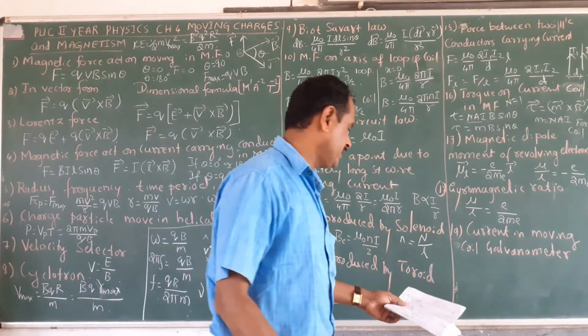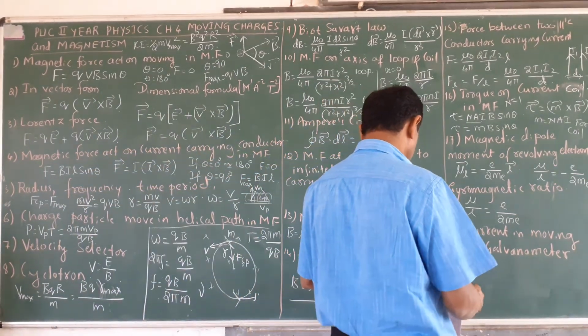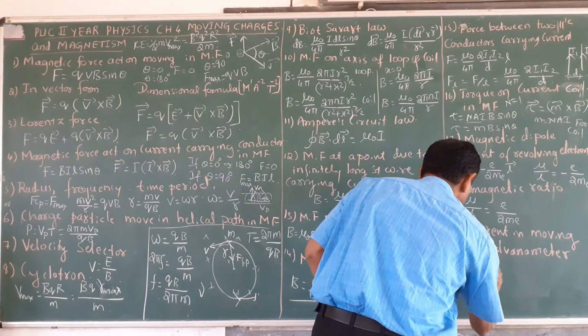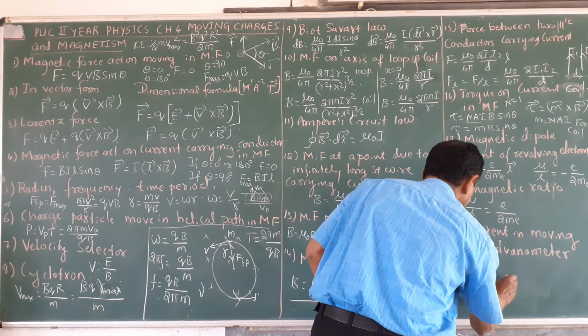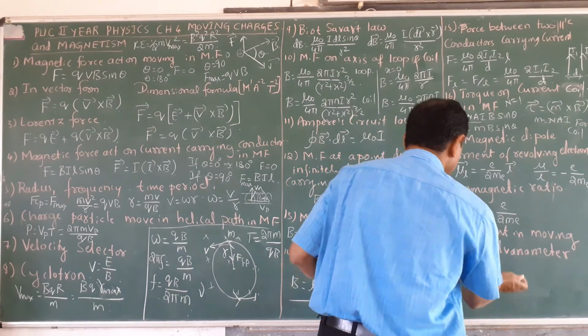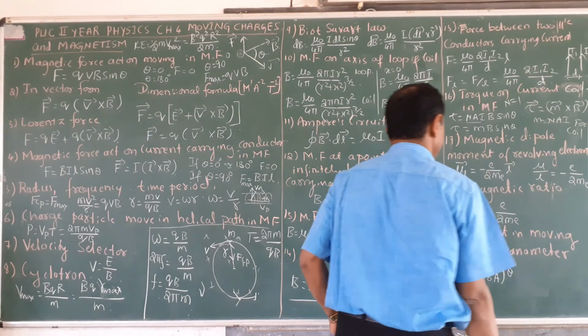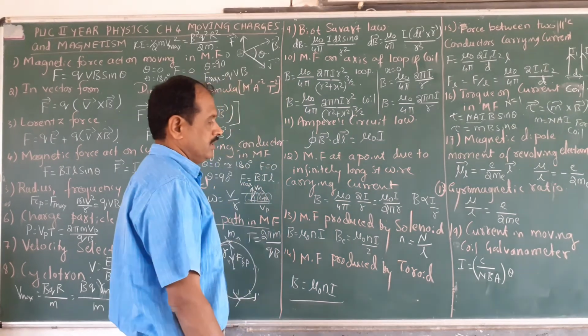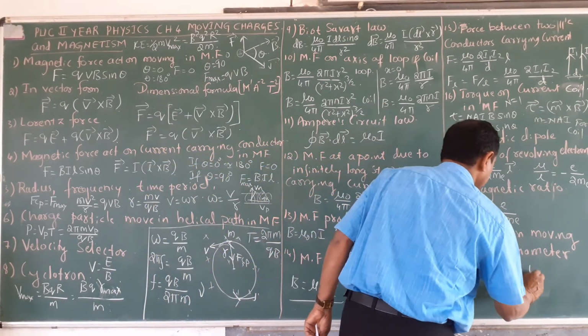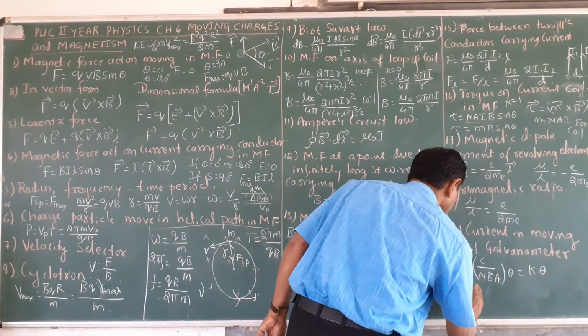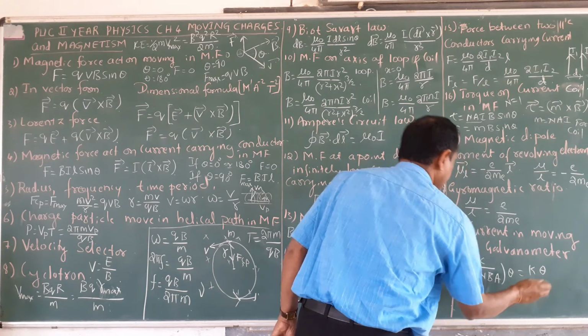Then current in the moving coil galvanometer, that is I is equal to C divided by NBA into theta. Now these are constants here, K. Now I is proportional to theta, K is constant.